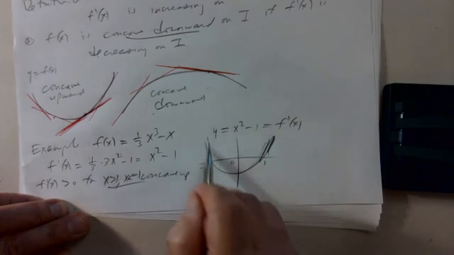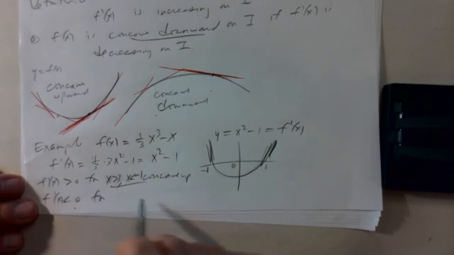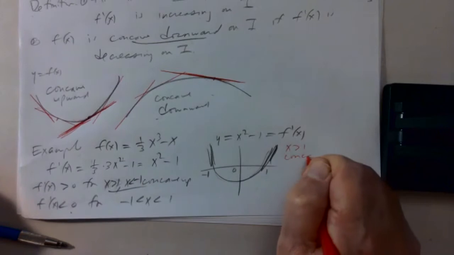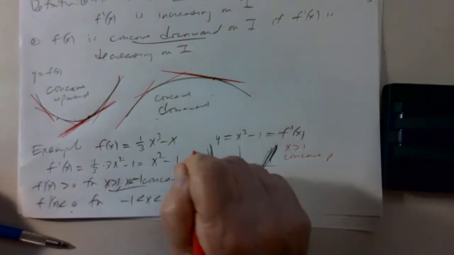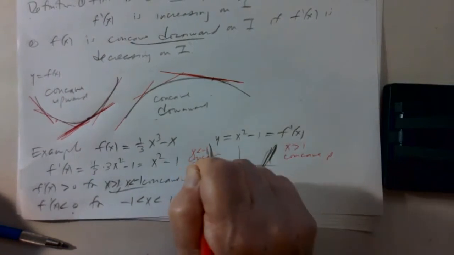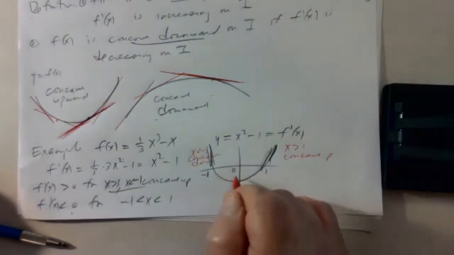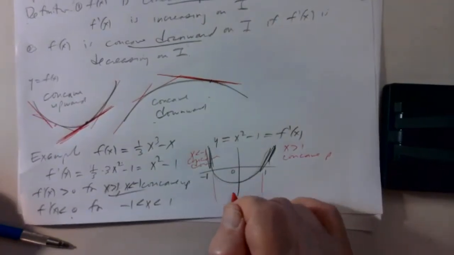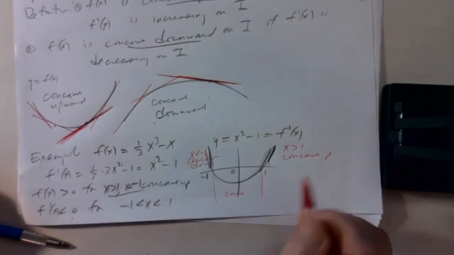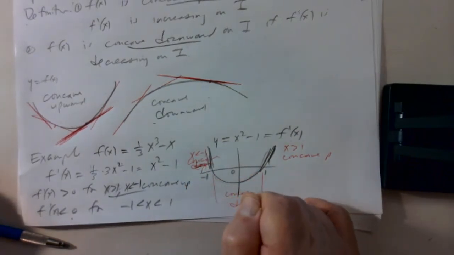Right here is positive, here is positive. The derivative is negative for x between minus 1 and 1 in this region. So x bigger than 1, the curve is concave up. X less than minus 1, curve is concave down. And between minus 1 and plus 1, the curve is concave down.